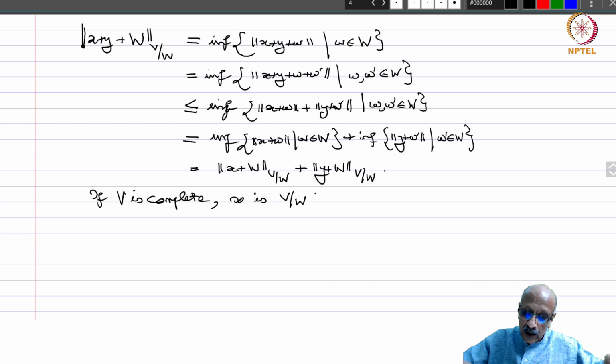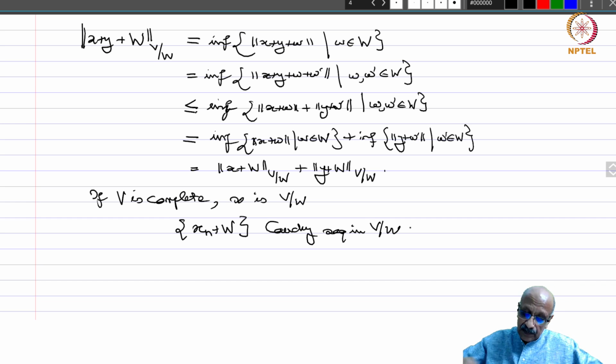So we have to show that every Cauchy sequence converges. So let us take a Cauchy sequence in V by W.